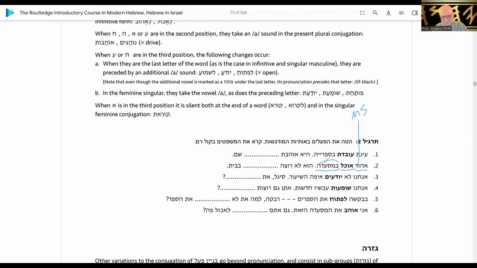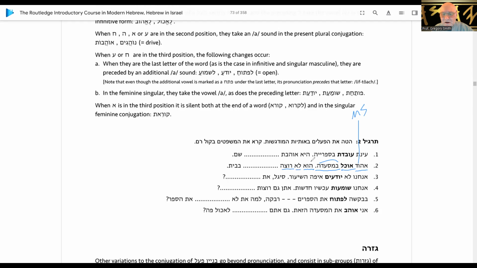Ehud ochel bamisadeh. Okay, that's right, in a restaurant. Ehud ochel bamisada, okay. Ehud ochel bamisada. Okay, so Ehud is eating in a restaurant.